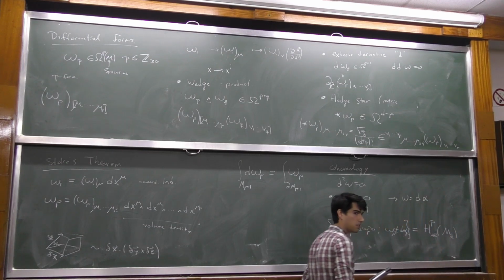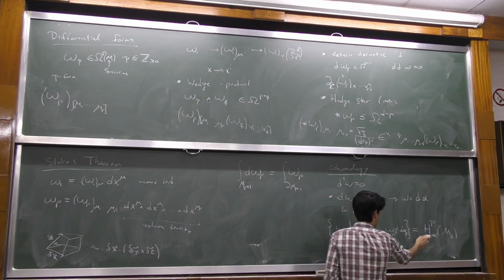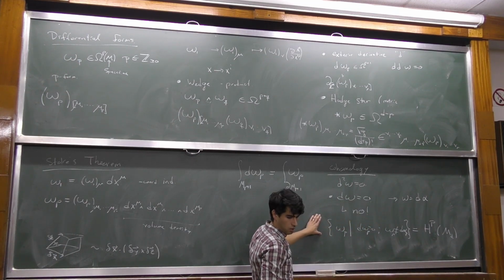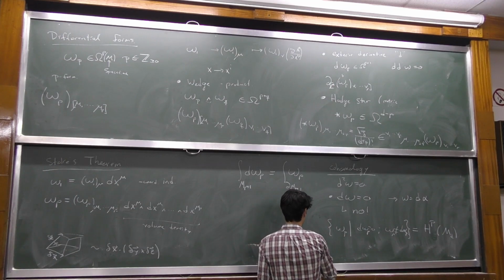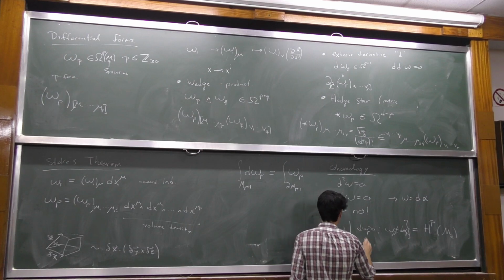In general, it's actually called the de Rham cohomology, but we won't worry about this subscript. And so this is important because it actually tells you about the topology of the manifold.